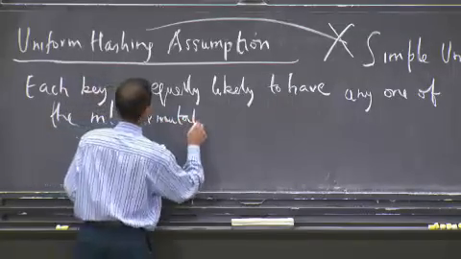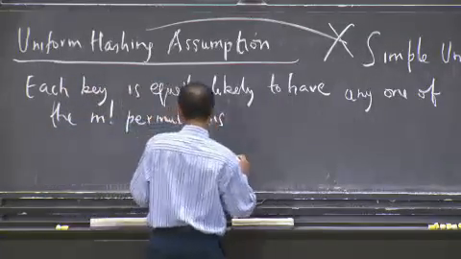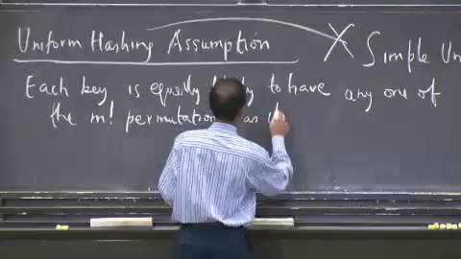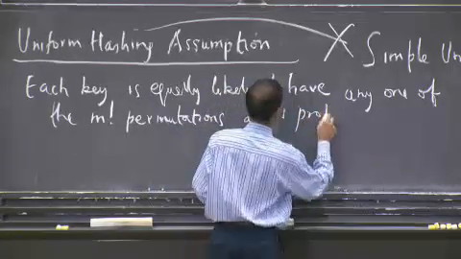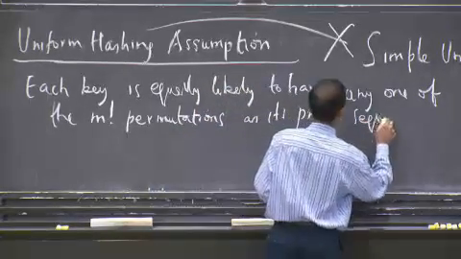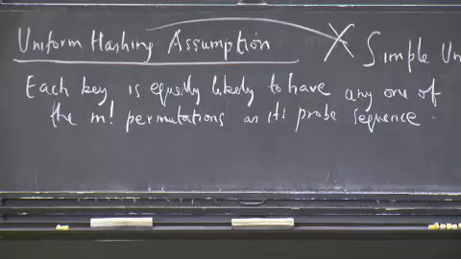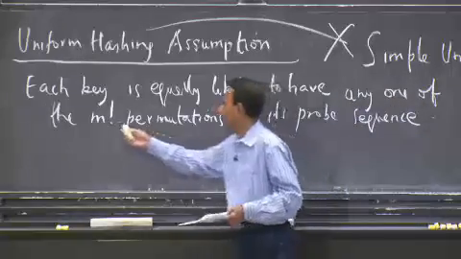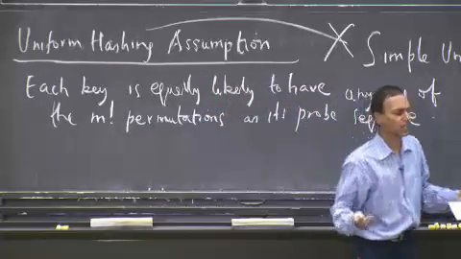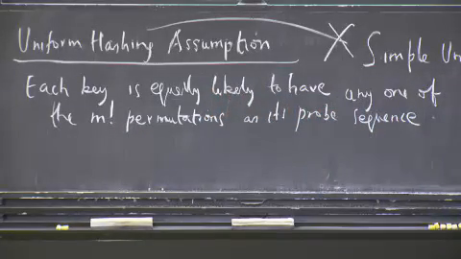So we're talking about random permutations here as its probe sequence. All right? This is very hard to get in practice. You can get pretty close using double hashing. All right? But nobody's discovered a perfect, deterministic hash function that satisfies this property, at least not that I know of.